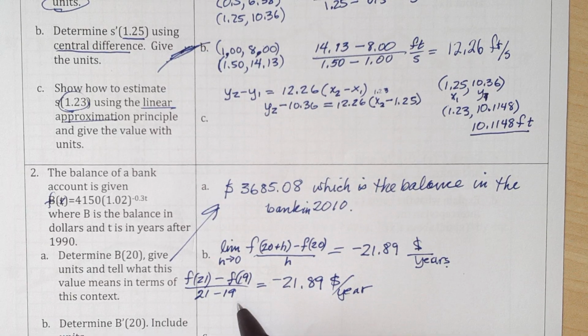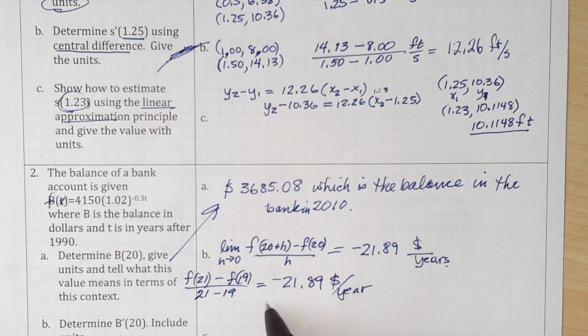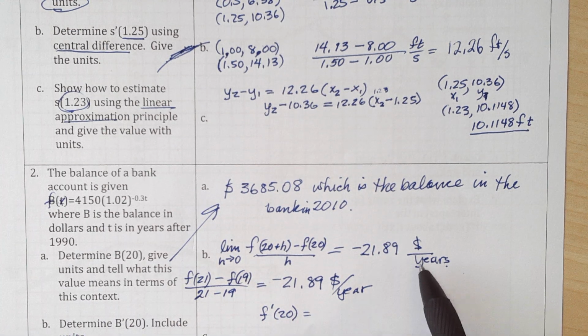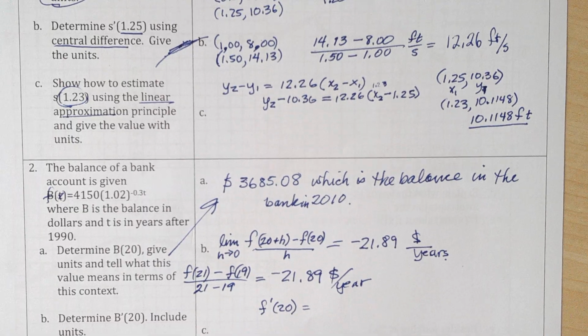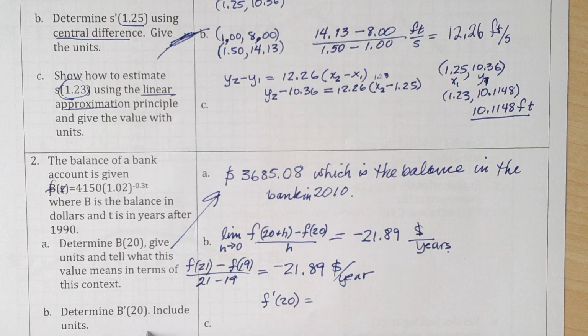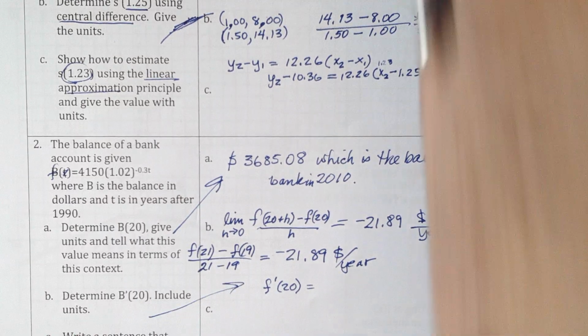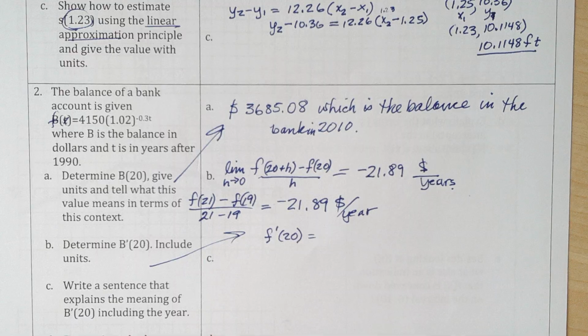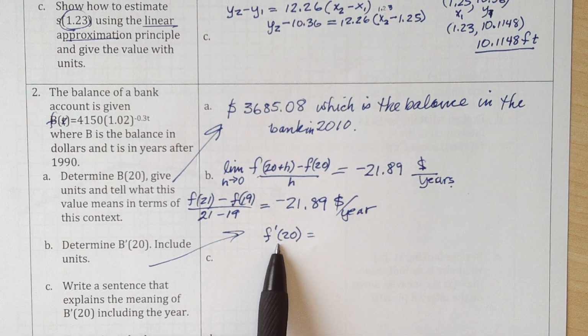Or if you have that typed in, you can just type in f prime of 20 or b prime of 20, and it will give you this slope. So there are some shortcuts there that I didn't give in class yet. We're going to get to what those are soon, but I'm just giving you a heads up. So if you're watching the video, you have a better or shorter way to do this.